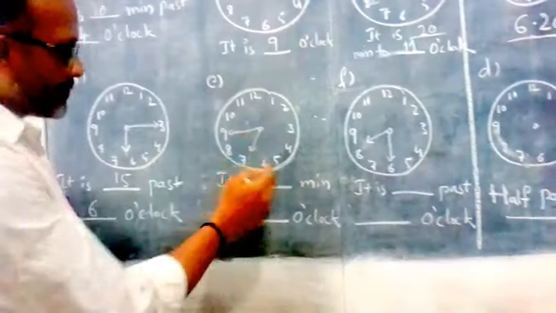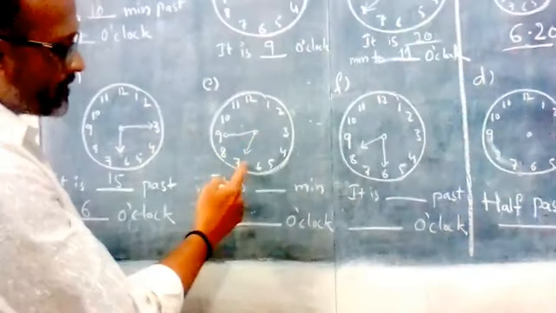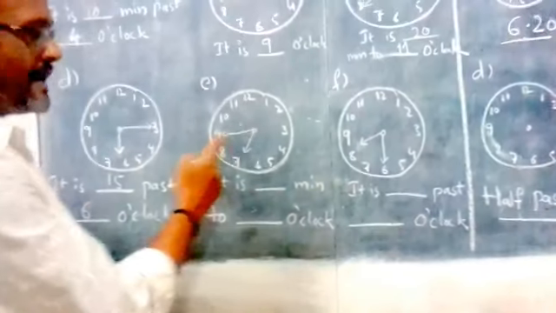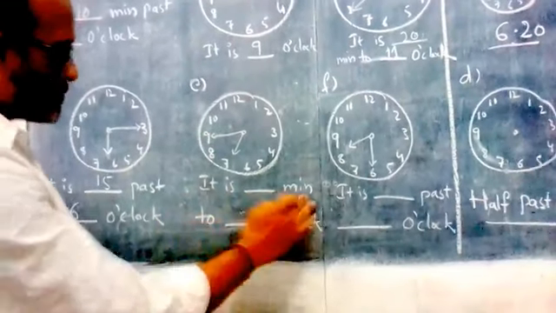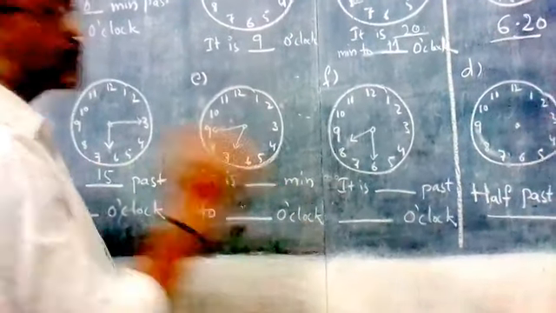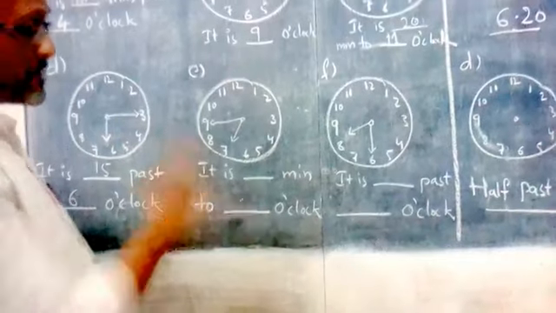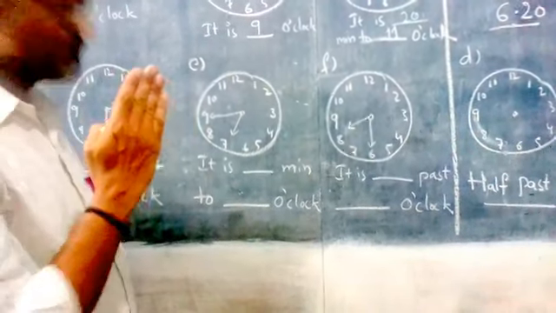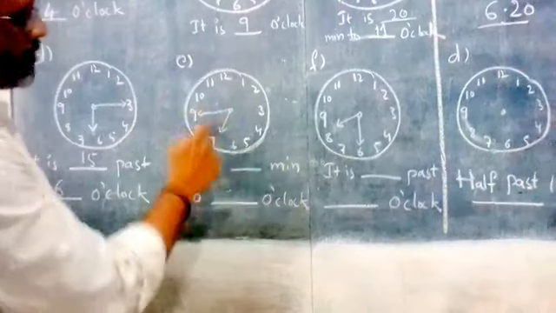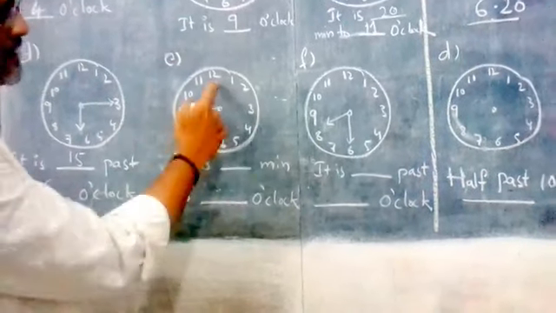Now we come here. The short hand is in between 6 and 7 and the long hand is on 9. We have to find out: dash minutes to dash o'clock. So how many minutes are left to come to 7 o'clock?